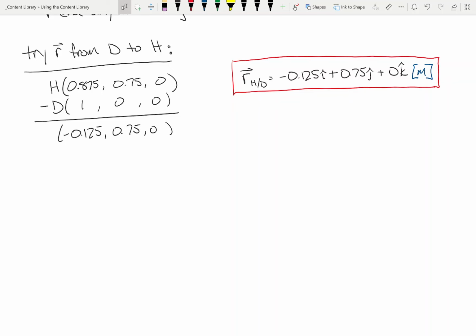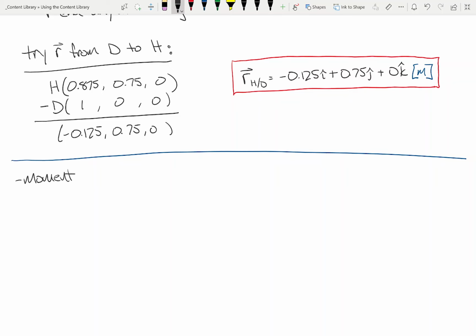Now, if we want to find the moment about that axis, how are we going to find that?